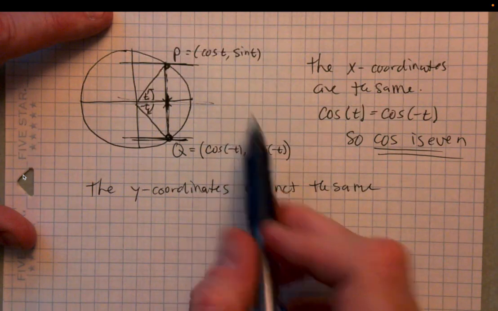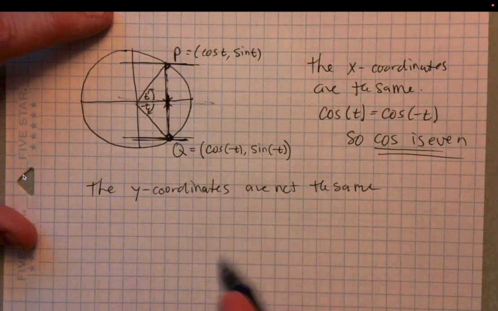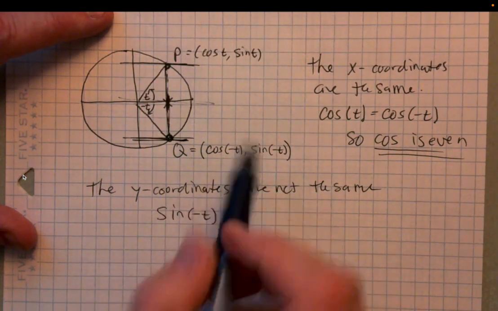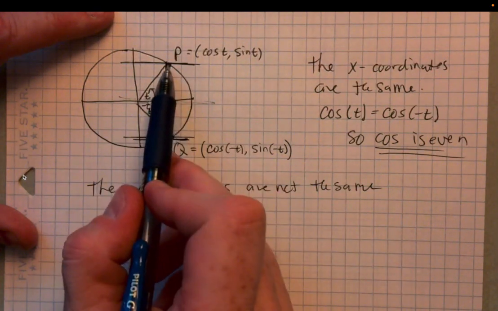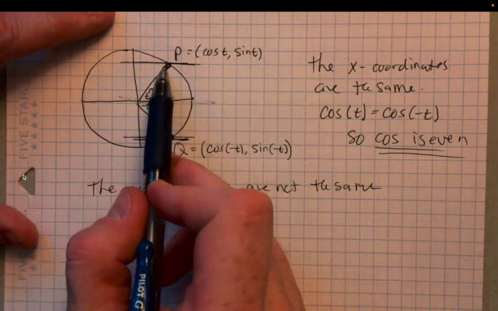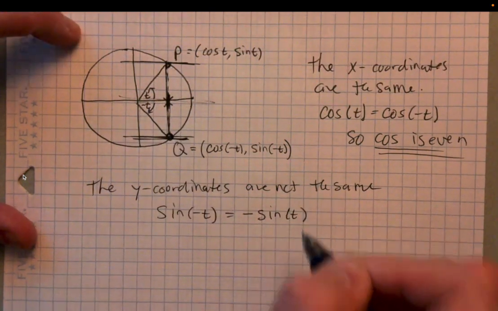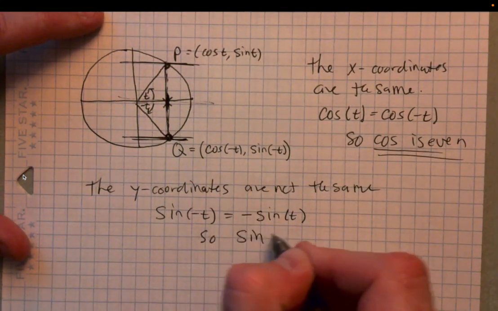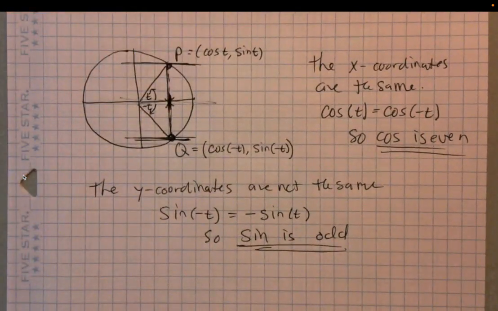So sine of negative t, which is this guy down here, is not equal to sine of t, but if I made sine of t negative, it would be equal to that. So it's equal to negative sine of t. And so this means that sine is odd. So cosine is even, and sine is odd.